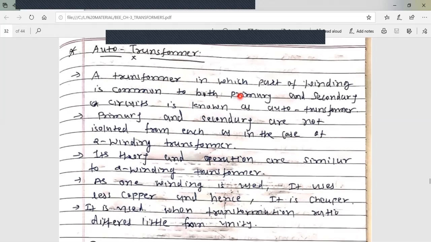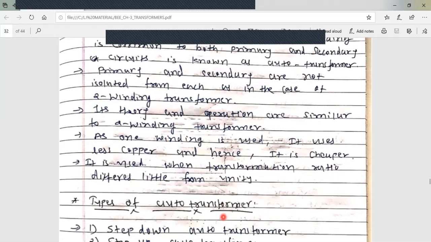A transformer in which part of the winding is common to both primary and secondary is an auto transformer. Now you can see this from these two figures. Primary and secondary are not isolated from each other as in a two winding transformer, the normal transformer. So theory and operation are similar to a two winding transformer, but as one winding is used, it uses less copper. And we have derived the equation of copper saving in auto transformer.